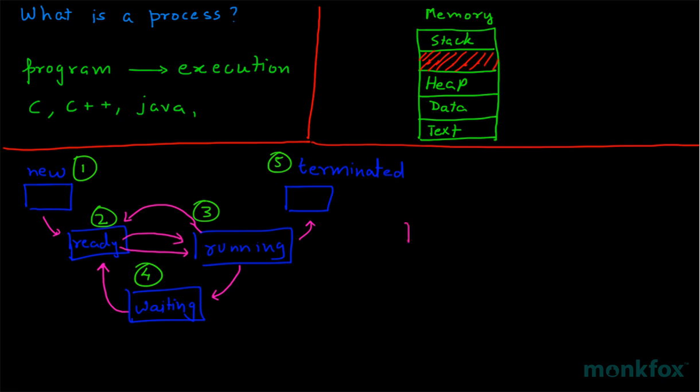For example, this is our CPU and it is currently executing process 1, and suddenly somebody tells it, boss, you need to execute process 2, which is of high priority. Then the CPU will ditch process 1. Now process 1 will go into a ready state from running state, and process 2 will be picked up.